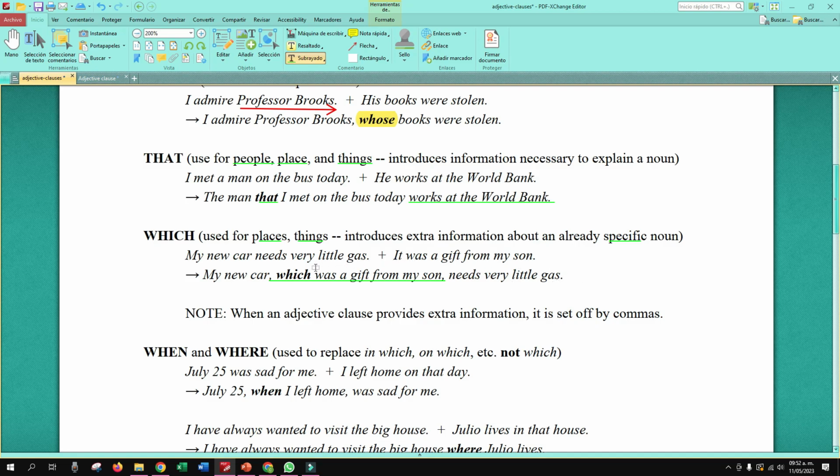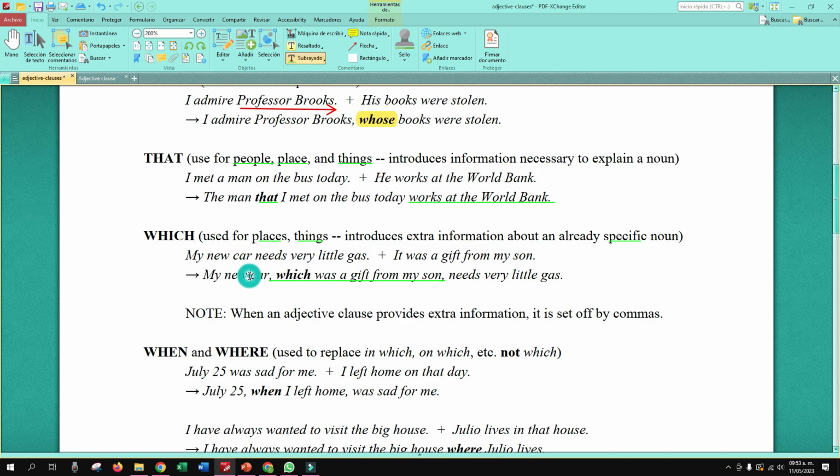So here you have this: which was a gift from my son. That is a dependent clause, not an independent one, right? So there you have the real sense. My new car needs very little gas, but you are adding extra information about a specific noun.